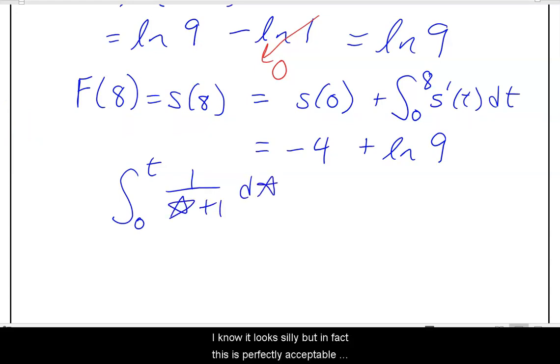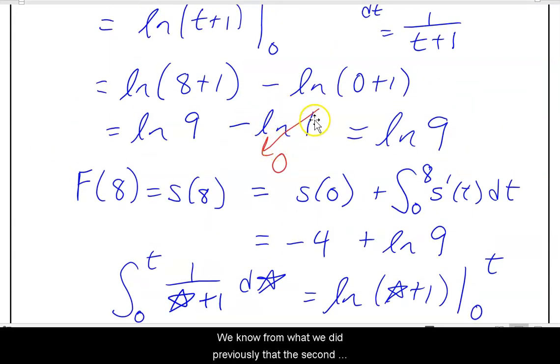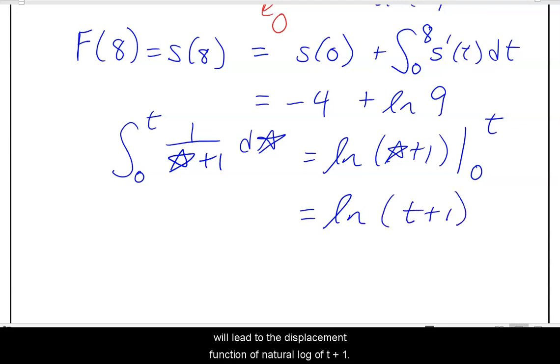I know it looks silly, but in fact, this is perfectly acceptable and it does work. This leads us to evaluate the natural log of star plus 1 with the values 0 to t plugged inside. We know from what we did previously that the second term will drop out since the natural log of 1 is 0, and this will lead to the displacement function of natural log of t plus 1.